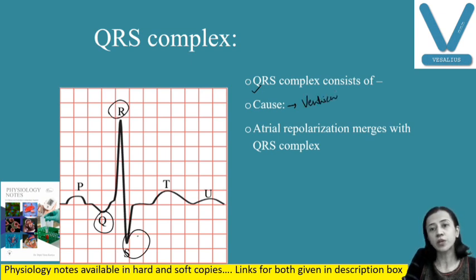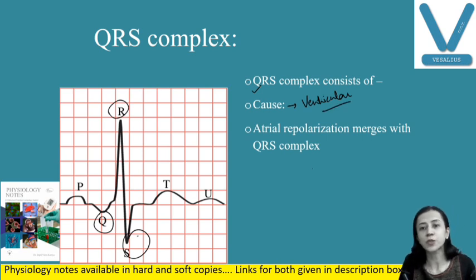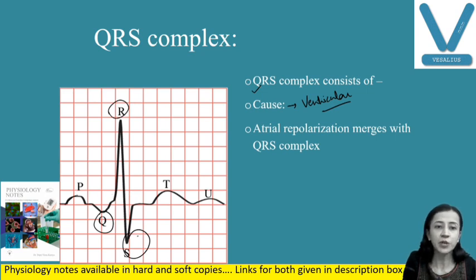Ventricular depolarization gives you QRS complex. Okay. Another important thing here is, you might have questioned that P wave is because of atrial depolarization. So now, where is the wave of atrial repolarization? This atrial repolarization wave merges with your QRS. So you will not get different wave of atrial repolarization.